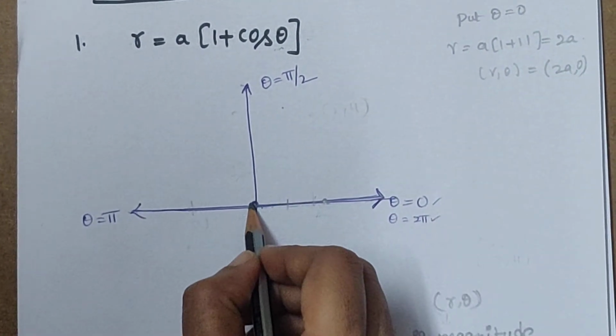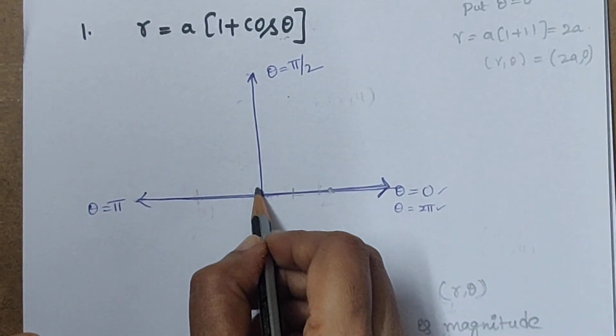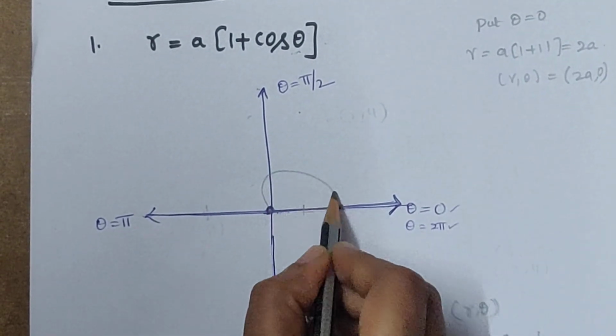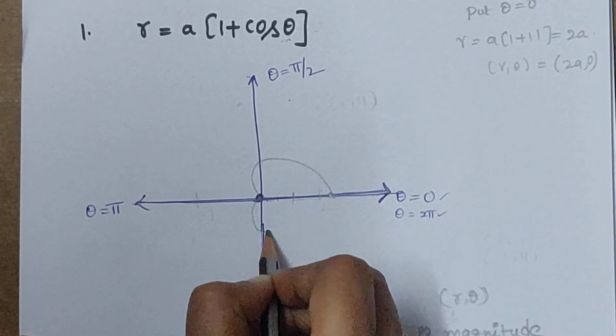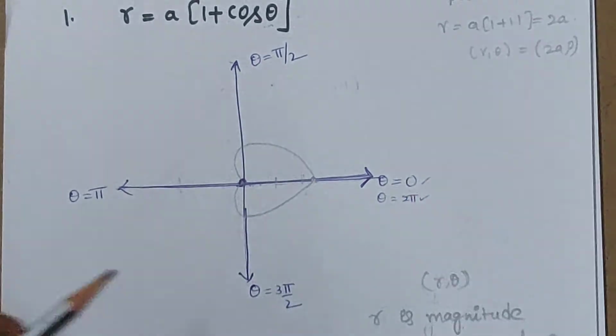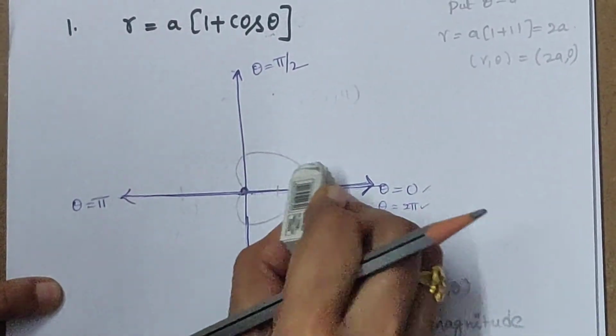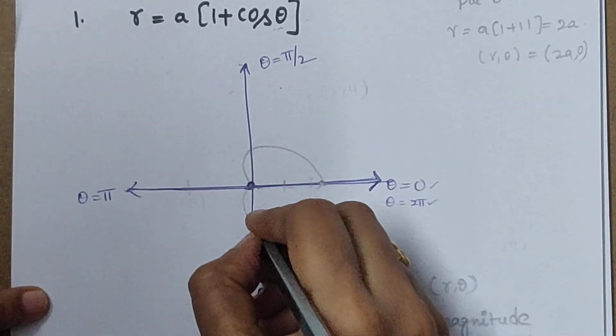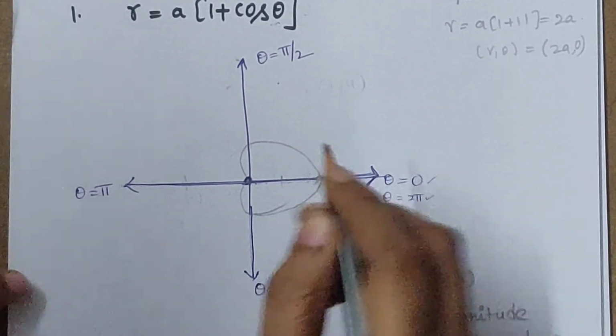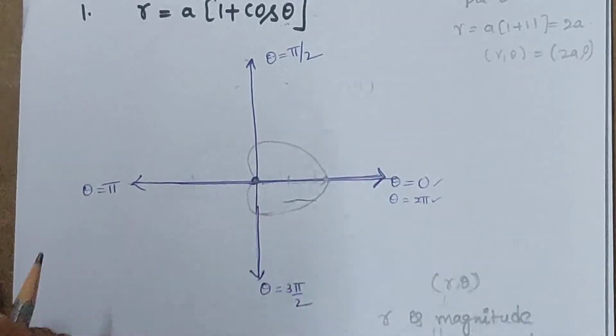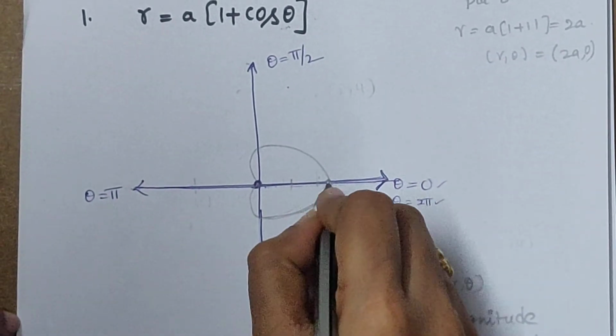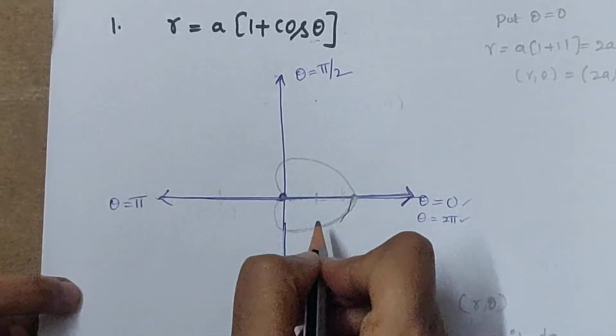So the rough sketch of r equal to a into 1 plus cos theta is this one. This is r equal to a into 1 plus cos theta, cardioid.